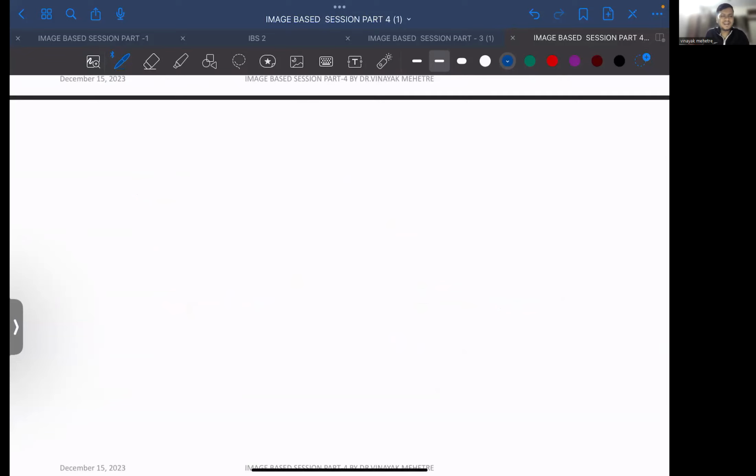This was for diabetes mellitus 1. Now comes diabetes mellitus 2, which is the drug which we give commonly in diabetes mellitus 2. Yes, it is metformin.